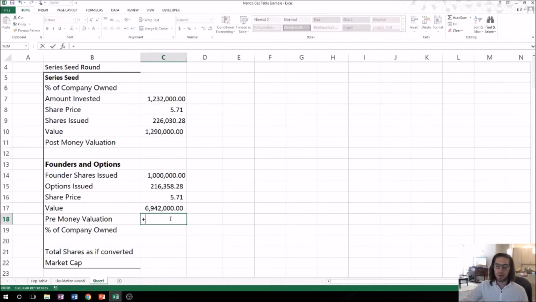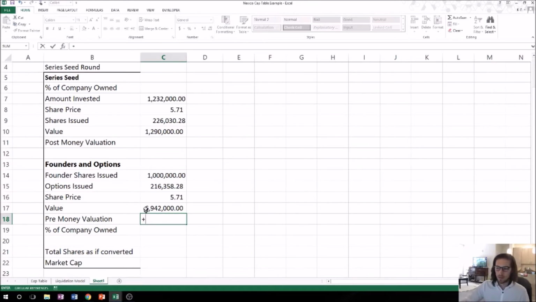Okay, and so now we're going to do the pre-money valuation, and this is the pre-money valuation that the founders are going to get whenever they get their shares issued to them, whenever you take the options that the Series Seed investors are requiring them to take out pre-money. Whenever you factor those shares issued in, the effective pre-money valuation for the founders is going to be this number.